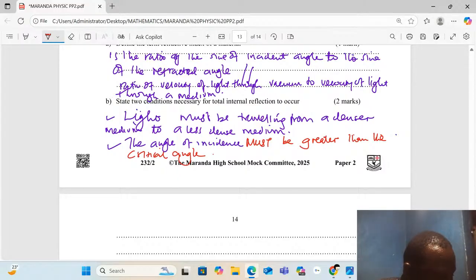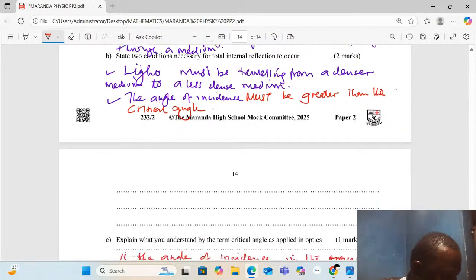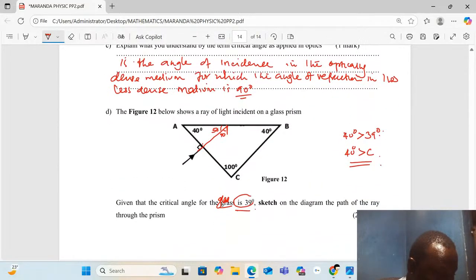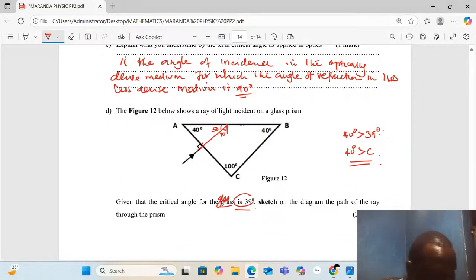The angle of incidence must be greater than the critical angle for total internal reflection to occur. So it will not be refraction, but total internal reflection.